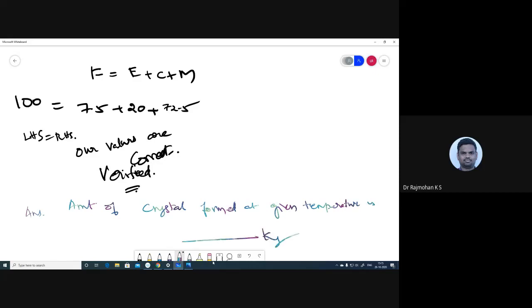The amount of crystal formed is C equal to 20 kg.